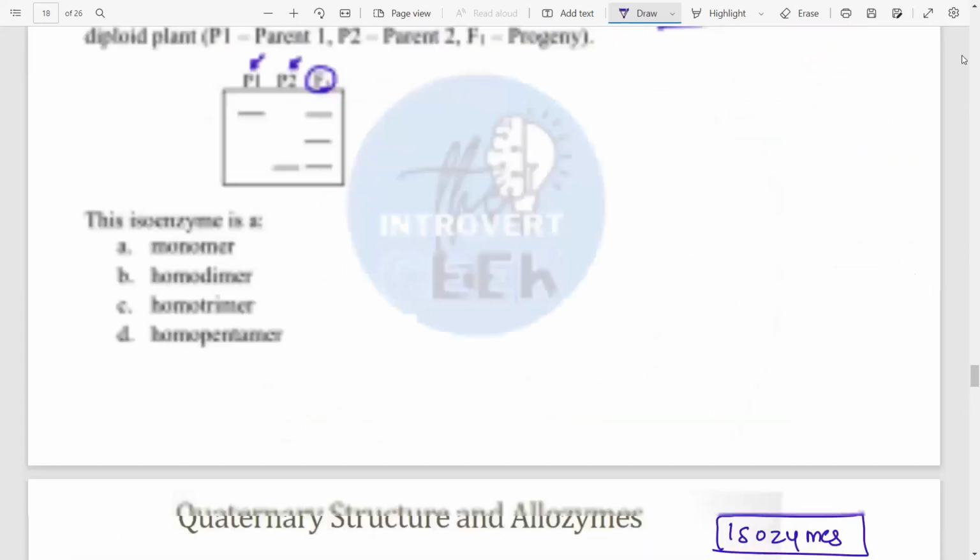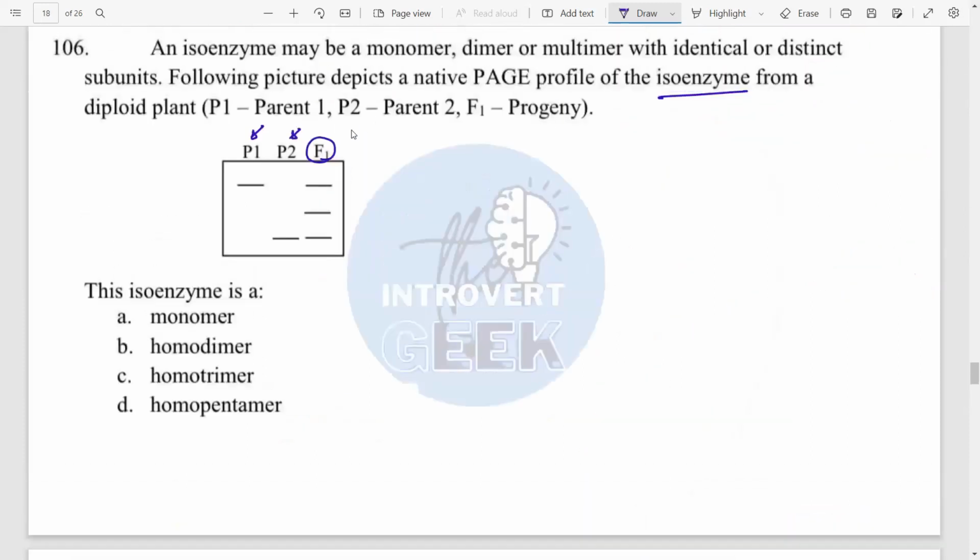Now this same logic, if you apply over here, you'll get the answer. So see, the parent one, let's consider is A1, A1. The parent two is B1, B1. Now, in the progeny, you have the same band as the first parent A1, A1, same band as the second parent B1, B1. But there is another band. And what is that other band corresponding to? It must be A1, B1.